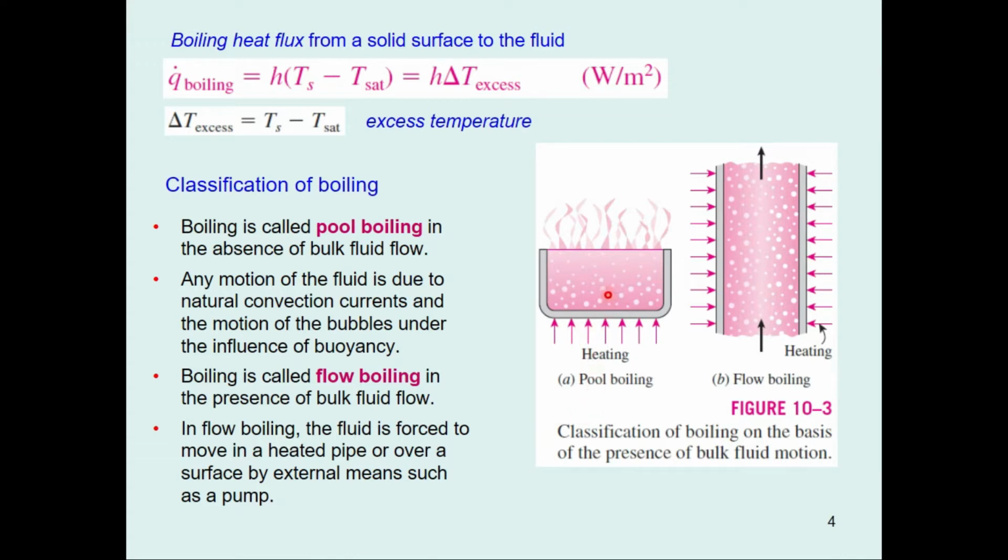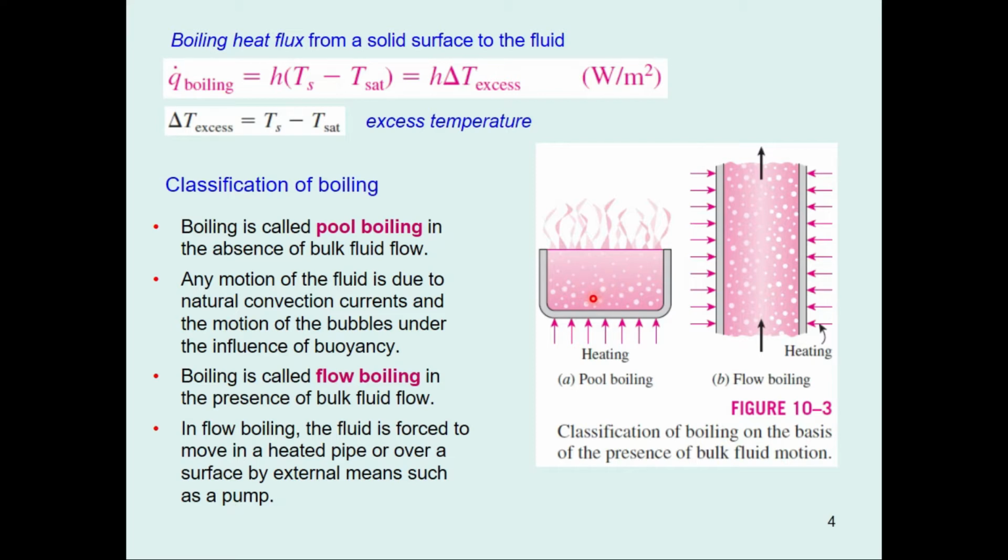If there is an absence of any bulk fluid flow, and there is a fluid in this pan with no bulk fluid motion, although there is some fluid motion inside this pan because of the heat which we are providing, because the high energy molecules transfer from the high temperature region to the low temperature region, there will be movement of the molecules of this liquid, but there will be no bulk fluid motion.